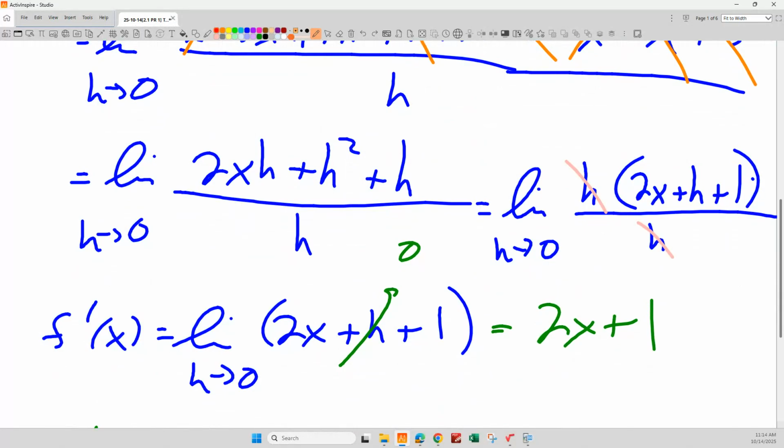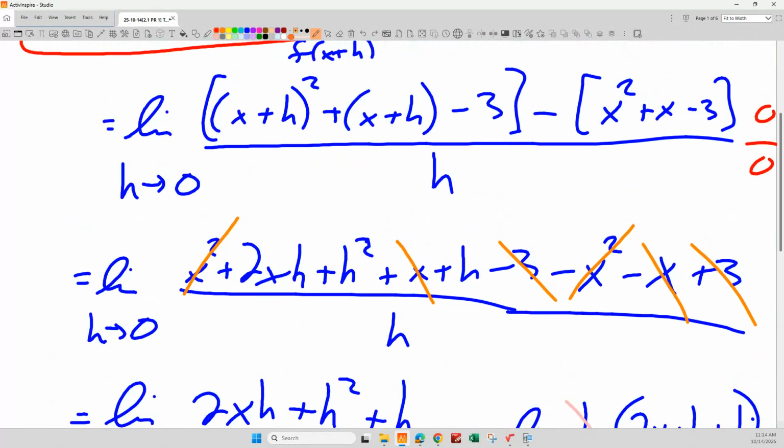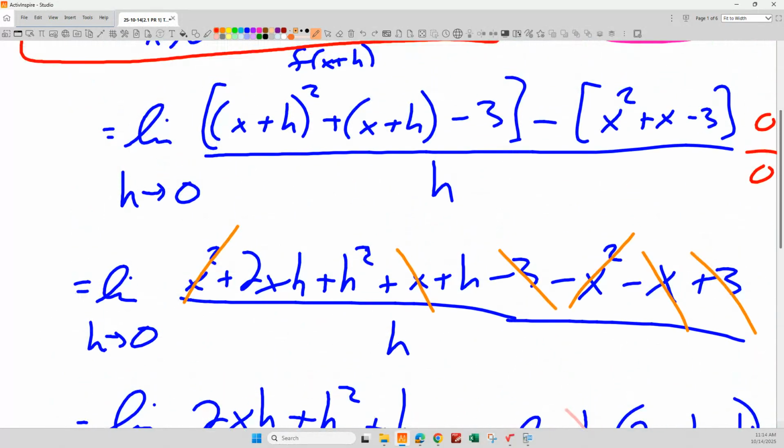Because we did this a few weeks ago. You guys would have told me from the beginning, when this is indeterminate, what's the factor that has to cancel? Well, it's going to be h over h, right? Because when h approaches 0, what factor is going to turn into 0? Well, h, right?